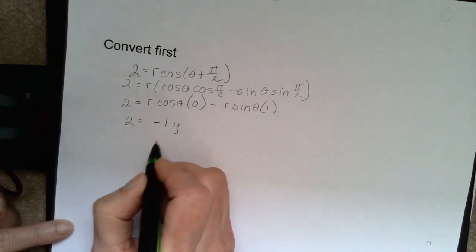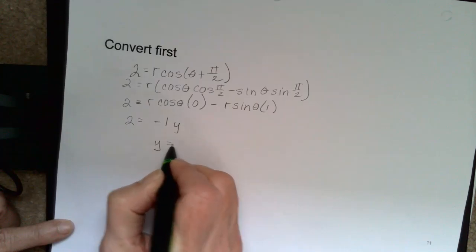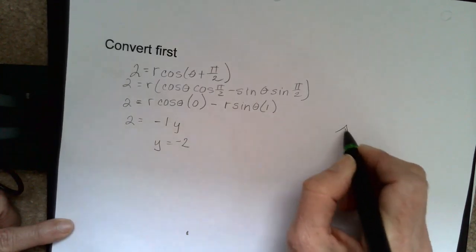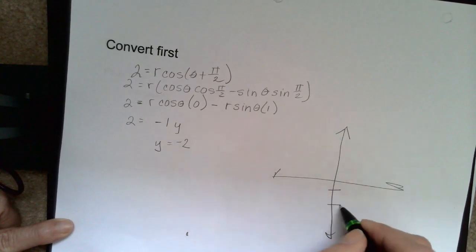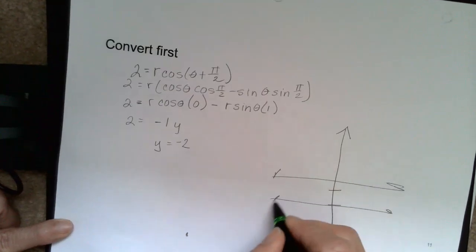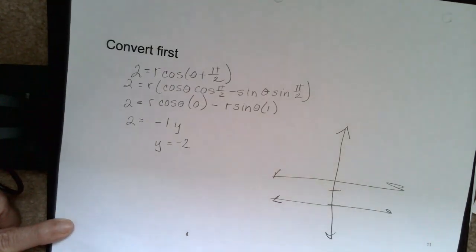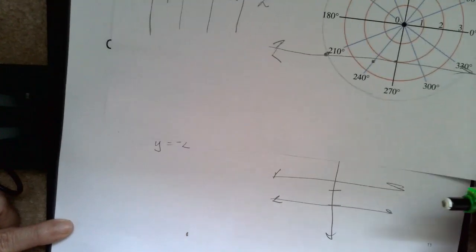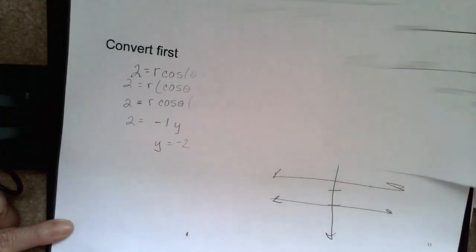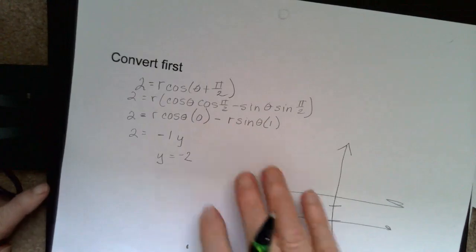Or I could say y is equal to -2, which of course you know is the horizontal line through -2, which if you go back and look at what you've already graphed, that's what you got. Okay, so on the polar and on the rectangular, it looks very much the same.